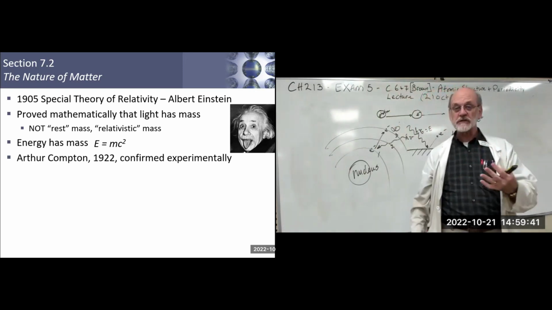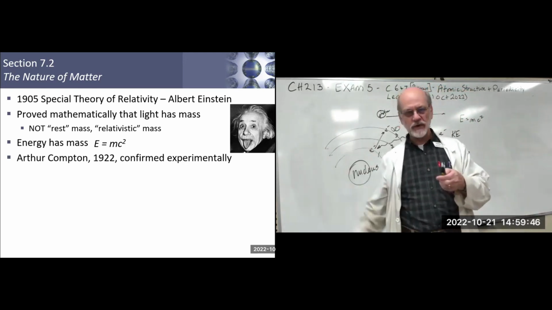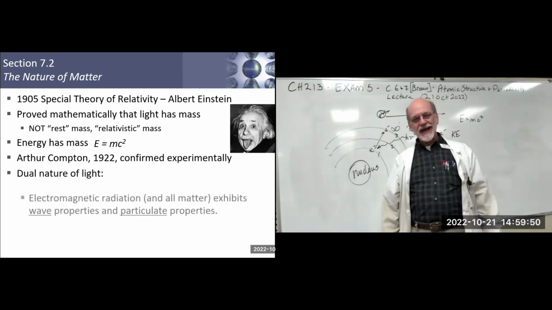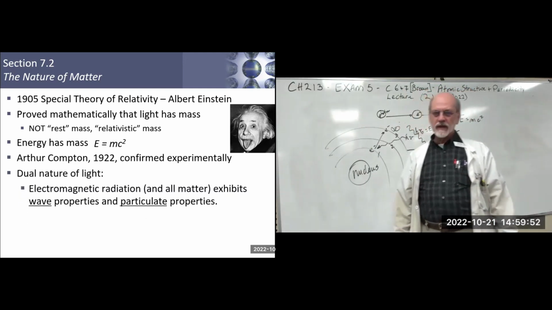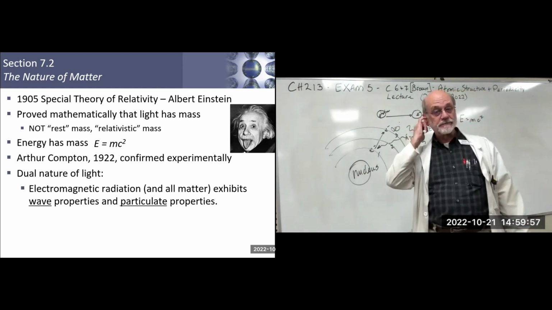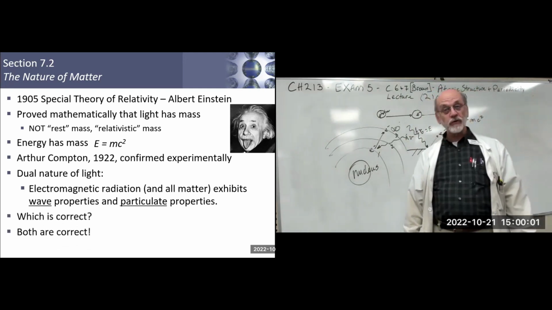So that was eventually confirmed during a total eclipse. That's another story. So light has a dual nature. It's both wave and particle, depending on the application. Right? They're both correct.